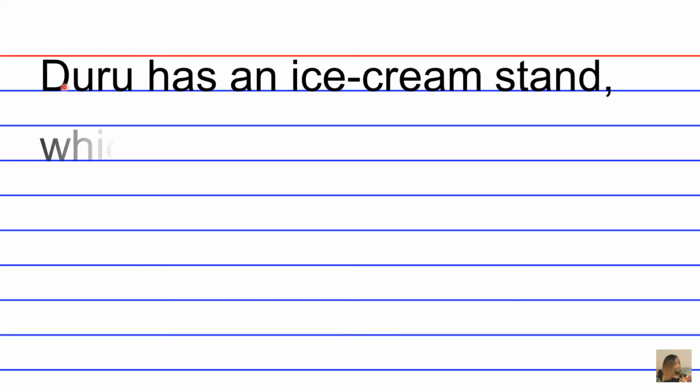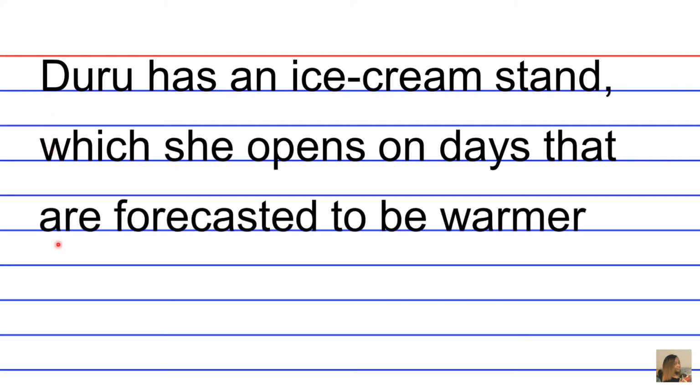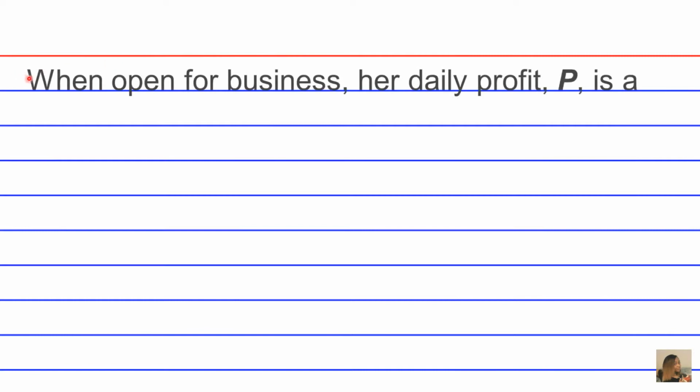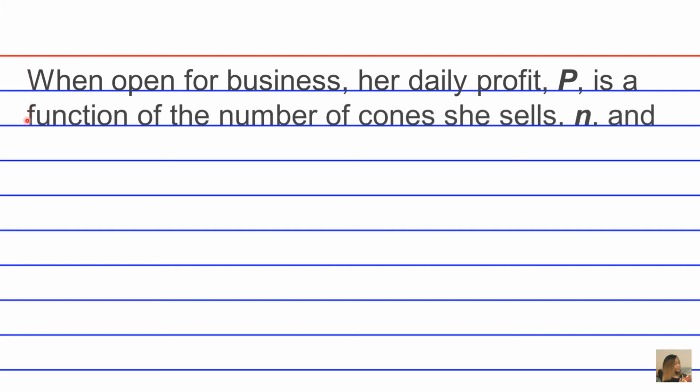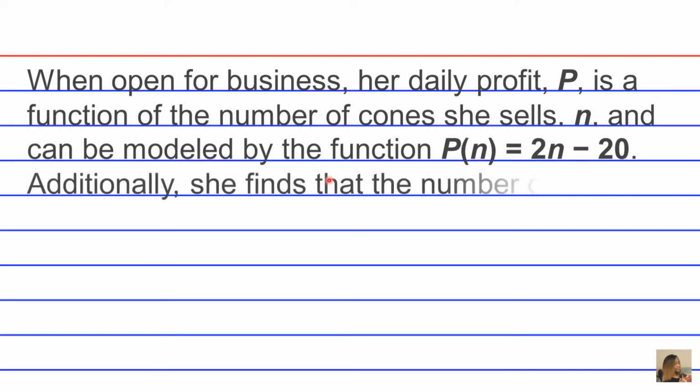Duru has an ice cream stand which she opens on days that are forecasted to be warmer than 10 degrees Celsius. When open for business, her daily profit P is a function of the number of cones she sells N and can be modeled by the function P(N) = 2N - 20.